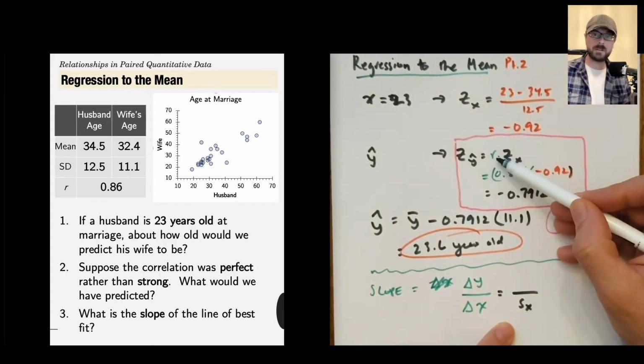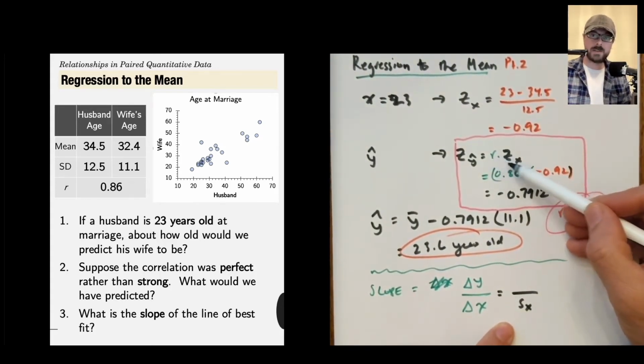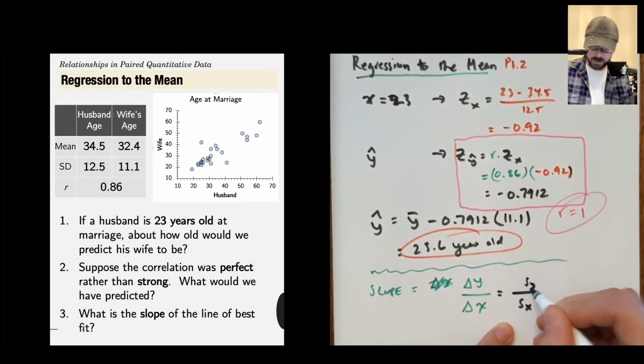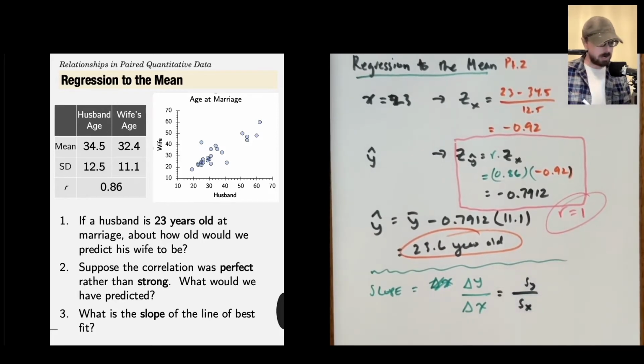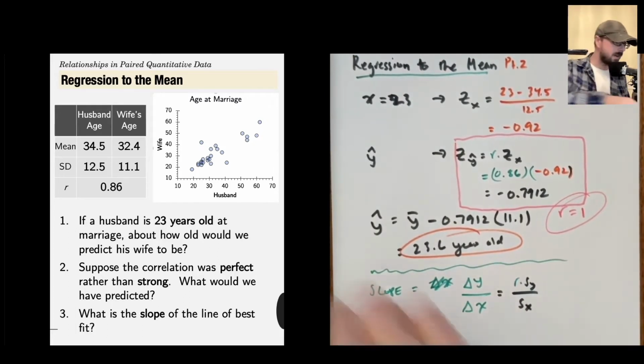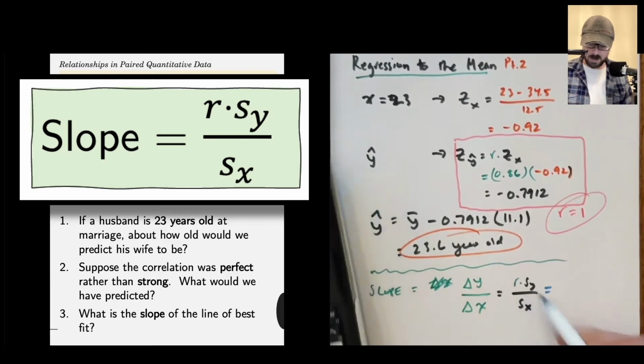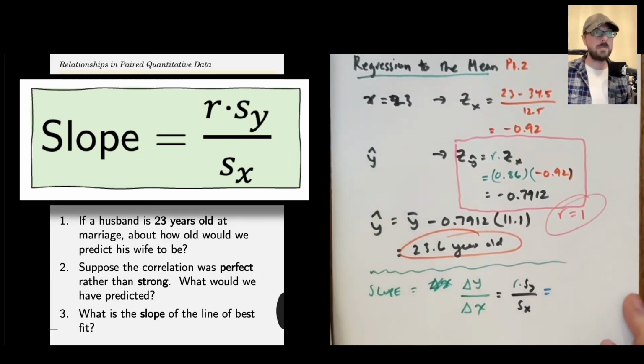Well, no, remember we regress back to the mean. So if x goes up 1 standard deviation, then y is going to go up not a full standard deviation, it's going to go r times that standard deviation, r times the standard deviation of y. And therefore, the slope of this line should just be the change in y over the change in x, r times the standard deviation of y divided by the standard deviation of x.